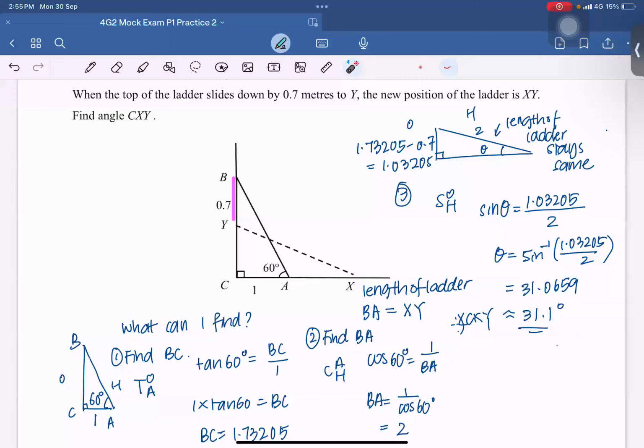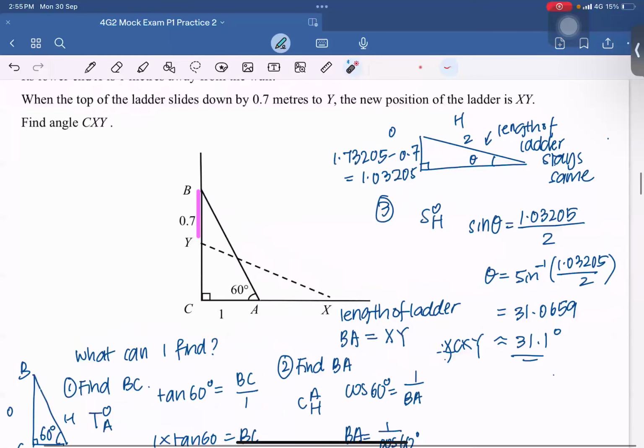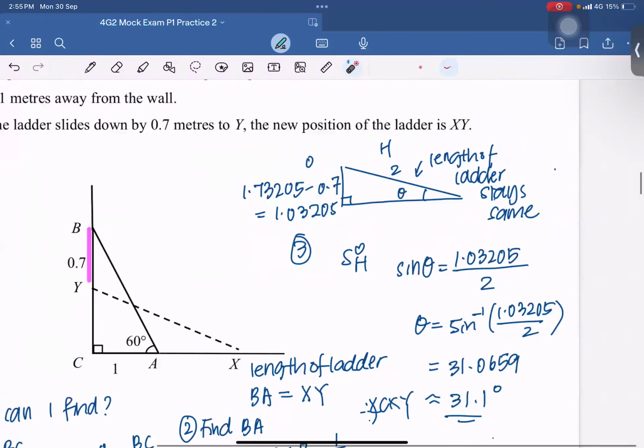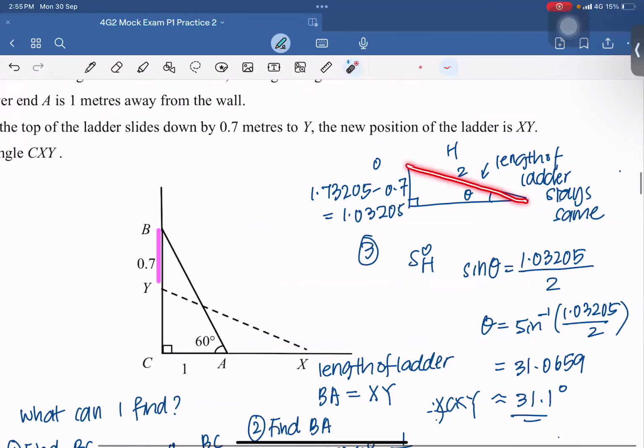Next, just now we said already the ladder is the same length. So that means in my diagram here, this part is 2 meters. This part is the one that we found just now, we minus away. So now I have two sides. The opposite, the hypotenuse, I want to find the angle.